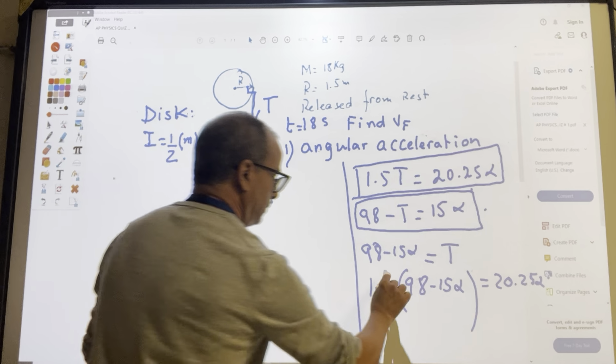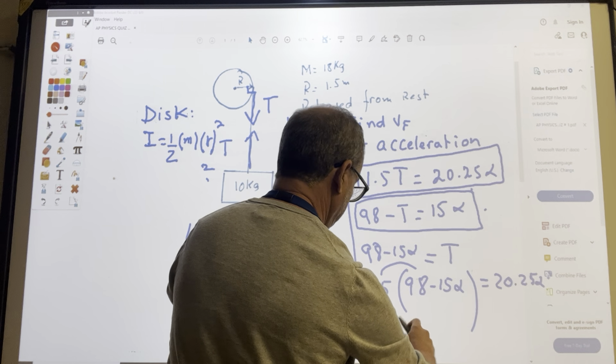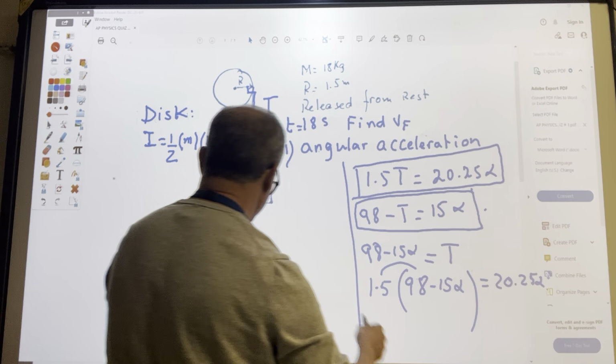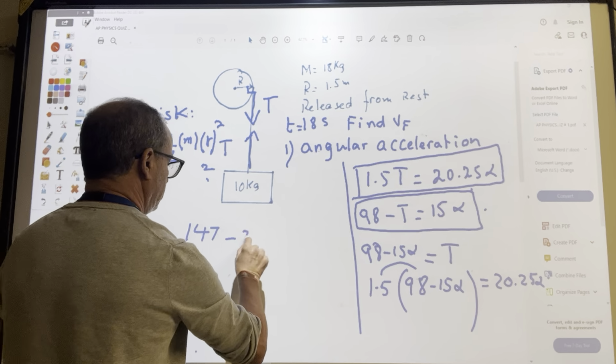And then minus 1.5 times 15. 1.5 times 15, okay, because you got to distribute this. 1.5 times 15 alpha, and minus. So it's 22.5 alpha, all right, we distribute, and then equals to 20.25 alpha.